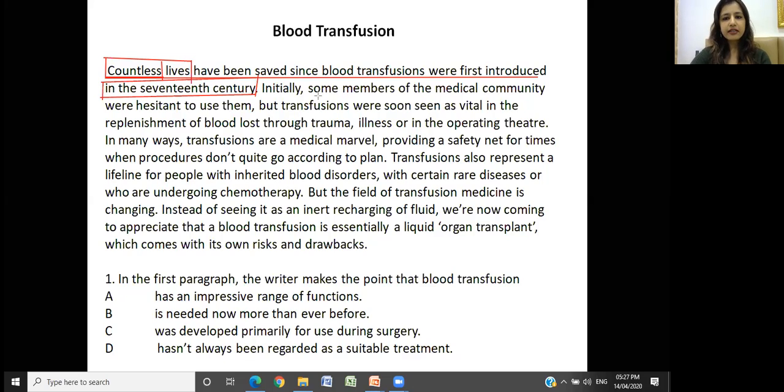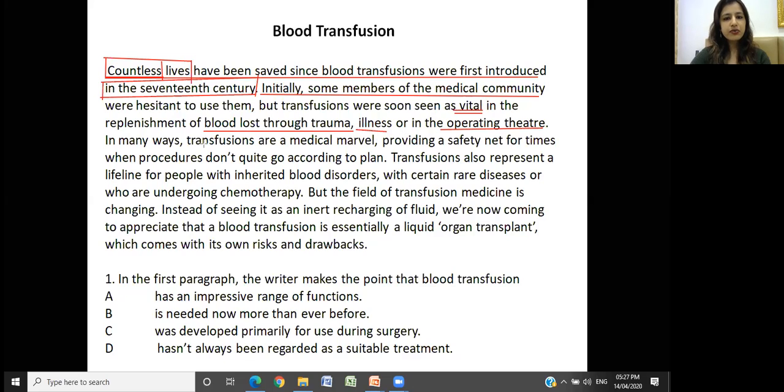So if you look at other sentences, now this is a supporting detail: that initially some medical communities were hesitant, but they were soon seen as vital. So again, vital is an adjective. It is used for the blood transfusion, to replace the blood which was lost through trauma, illness, or in the operating theater.